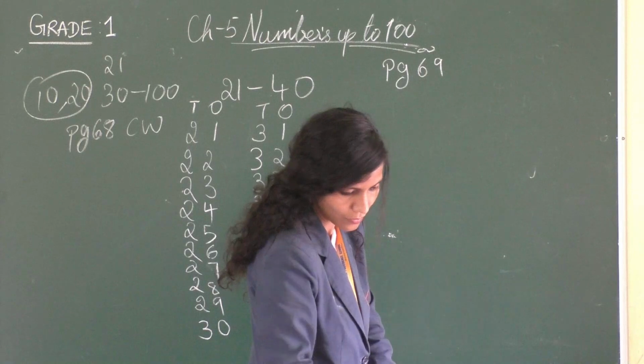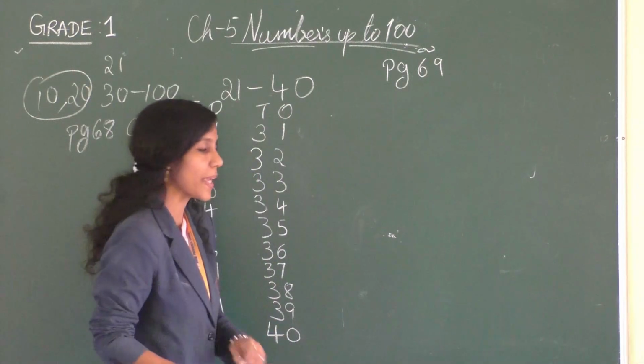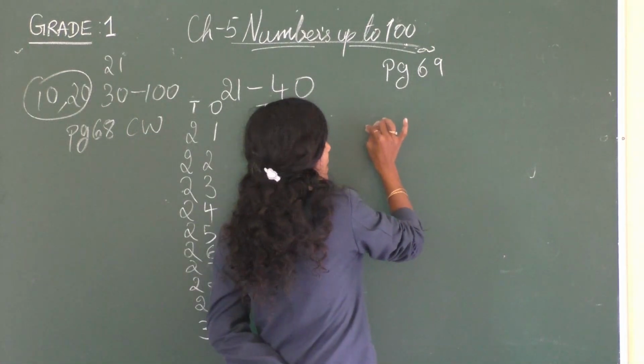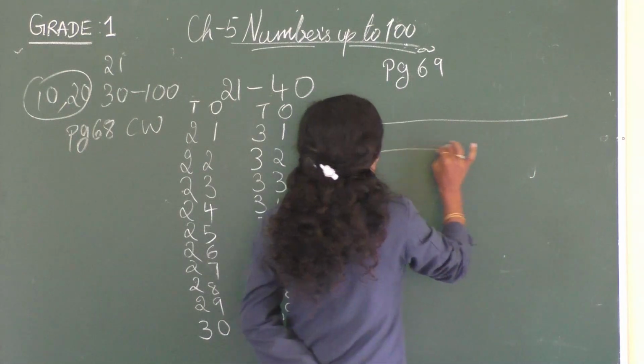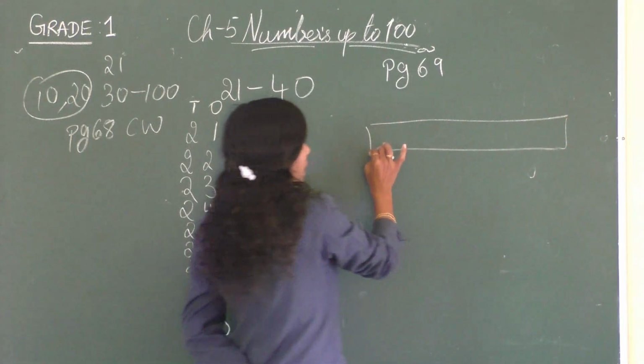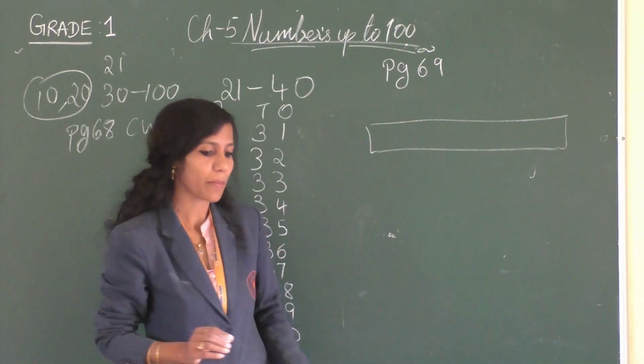Now, on the same page, we have a train with multiple bogies and missing numbers in between.